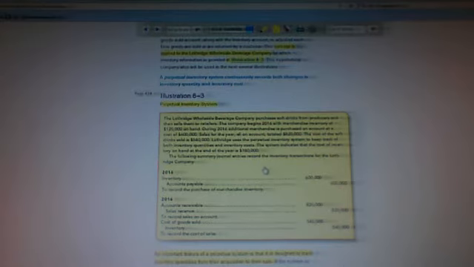Now, an important feature of this perpetual inventory system is that it is designed to keep track of our inventory quantities from their initial acquisition from the suppliers, ultimately to their sale to our customers. So the physical counts of inventory are going to have to be made anyway at the end of the fiscal year.